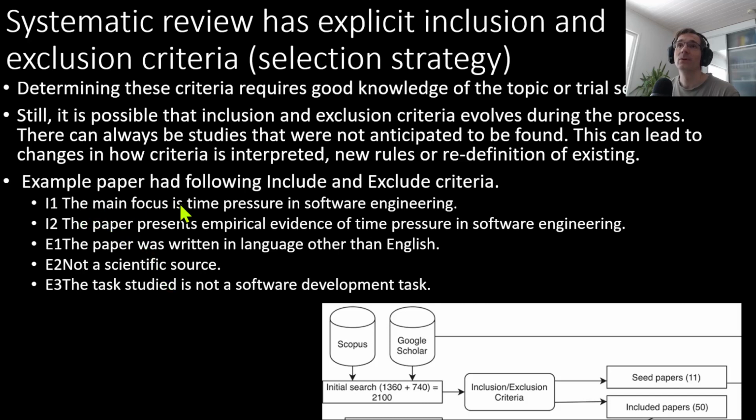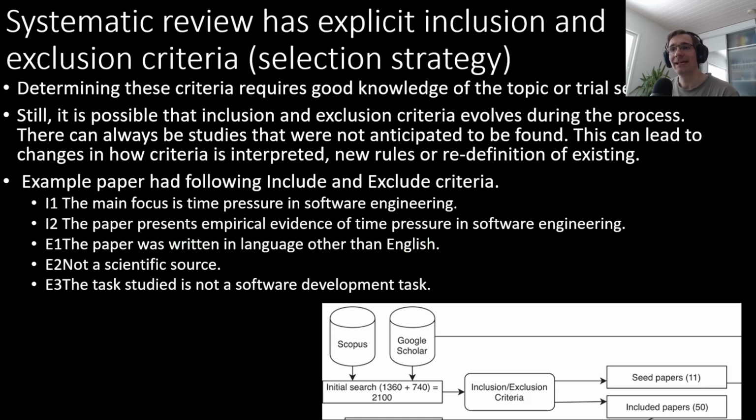So the main focus is time pressure in software engineering context, was the first one. The second one was that the paper presents empirical evidence of time pressure in software engineering. So we did find papers whose main focus was not time pressure in software engineering, but they still presented empirical evidence of the time pressure in software engineering.